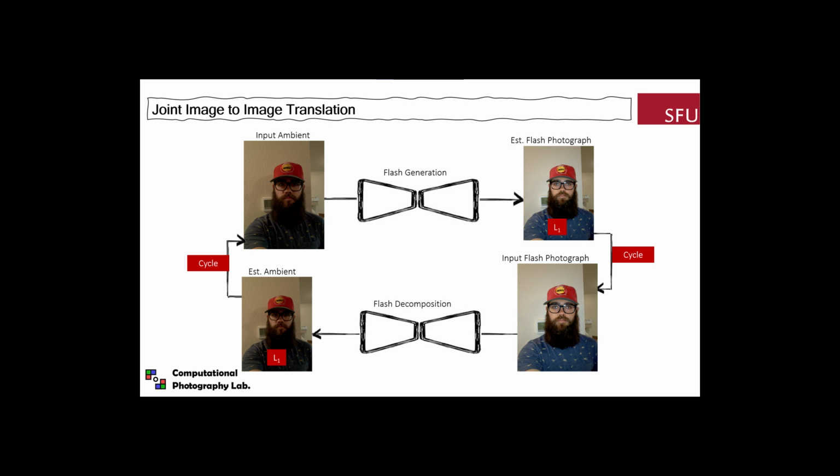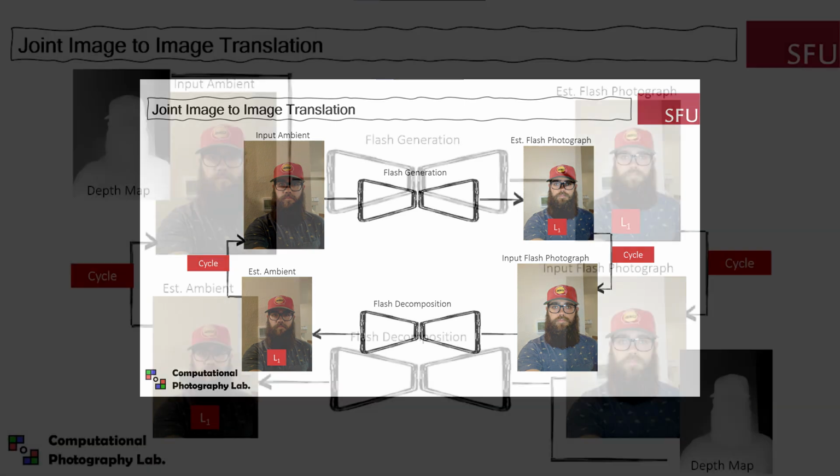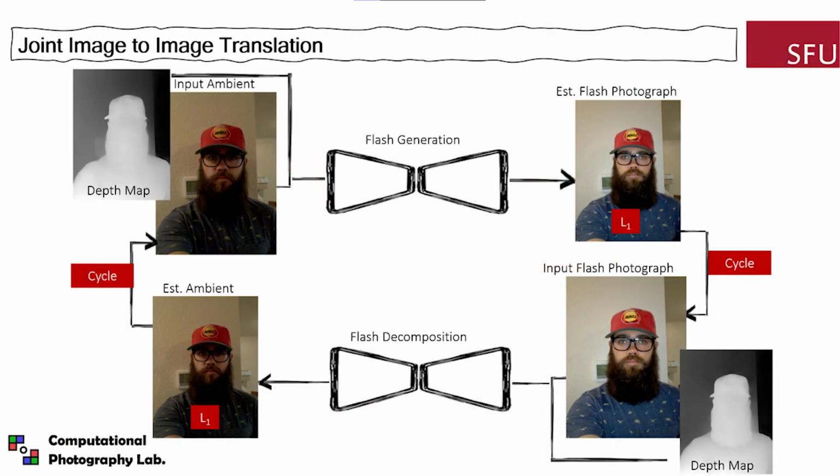Flashlight intensity for each object is dependent on the distance and angle of that object to the camera. We give the depth map as an additional input to guide both the generation and decomposition tasks. Depth maps are estimated from a monocular depth estimation method. We also add perceptual loss function based on differences between the high-level features extracted from a 19-layer VGG network.